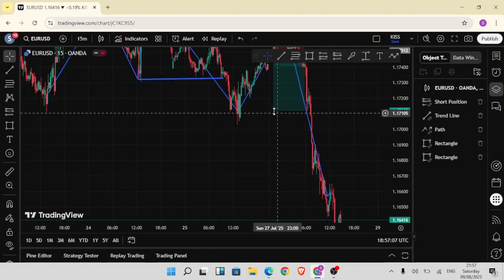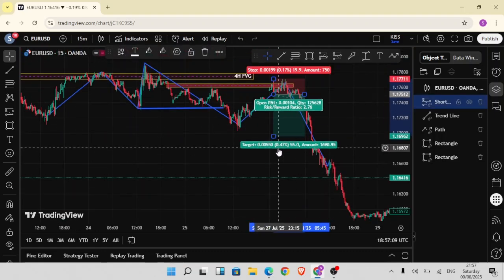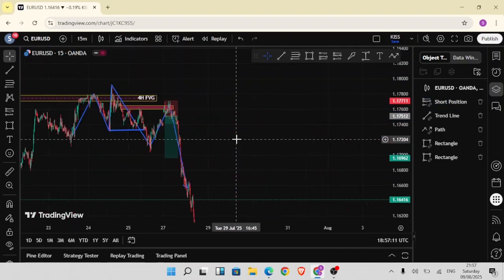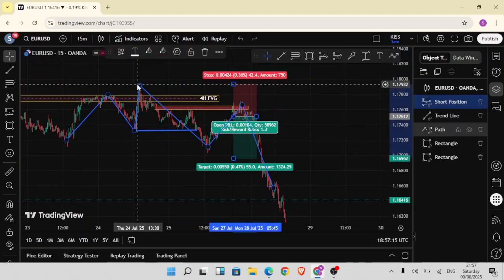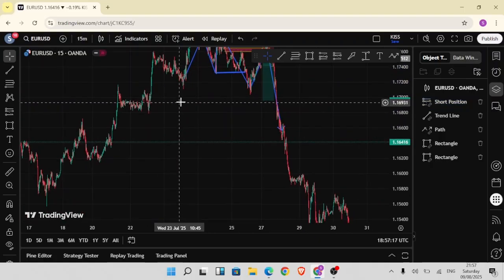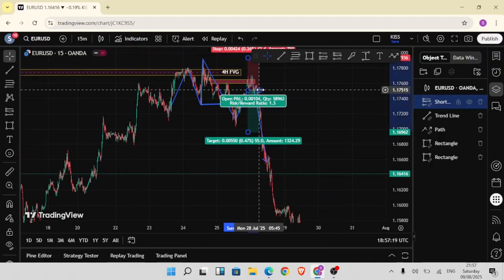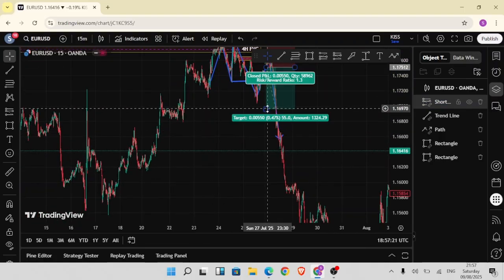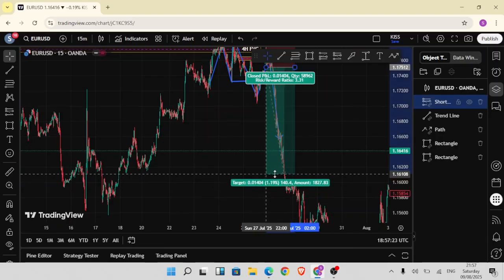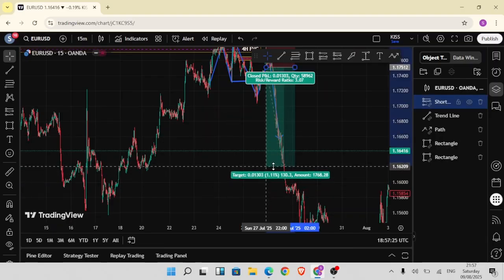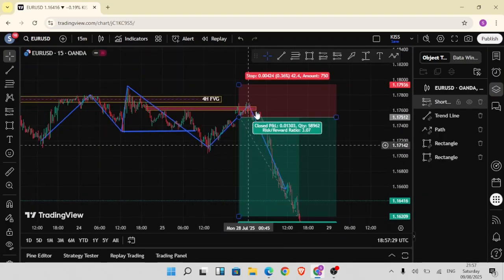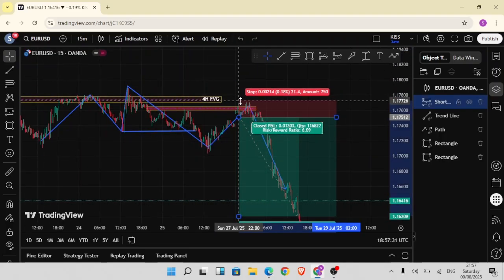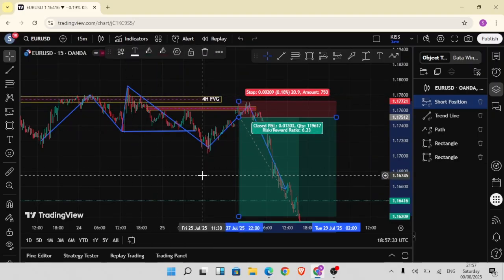And you want to target, assuming, let us try and get that 1 to 3 first. Stop loss above this head, and then we have 1 to 3 at this point around there.